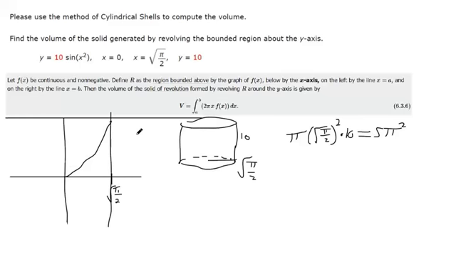And I think what they want us to do is subtract out the volume of this region here that's bounded specifically by that region around the y-axis, because that will give us this shaded region over here. So we're going to use the method of cylindrical shells to find the volume when we take this two-dimensional region and rotate around the y-axis. We'll subtract that out of the big region, and that will leave us with this region here.